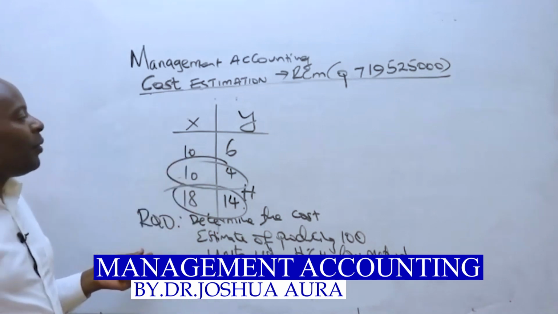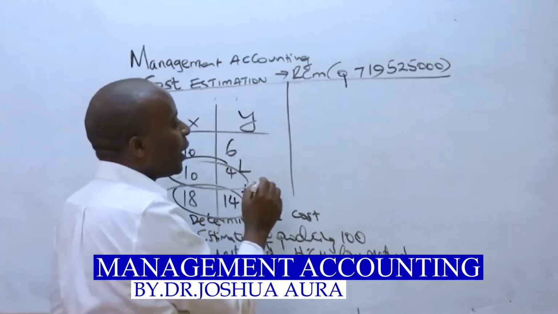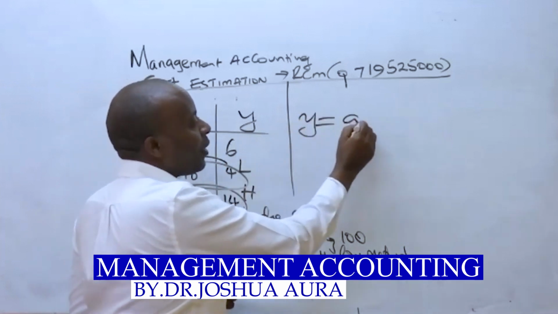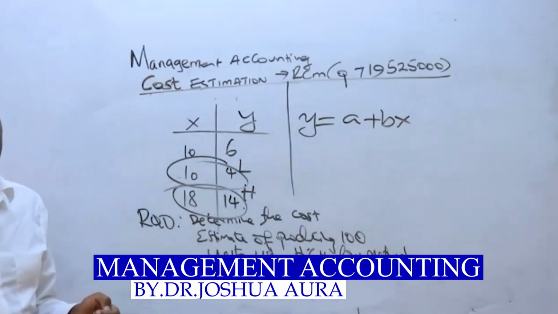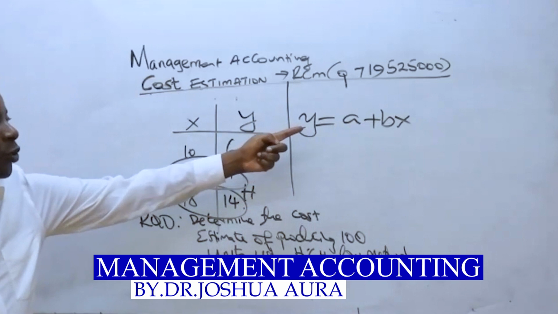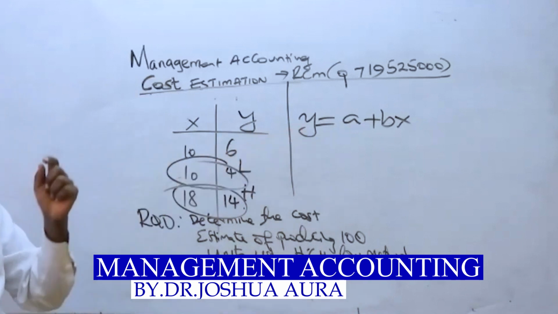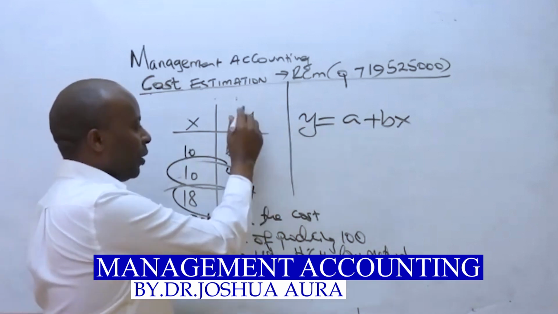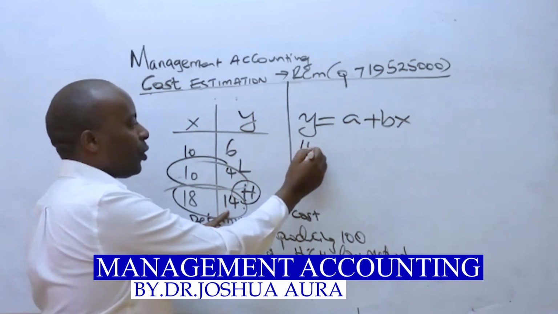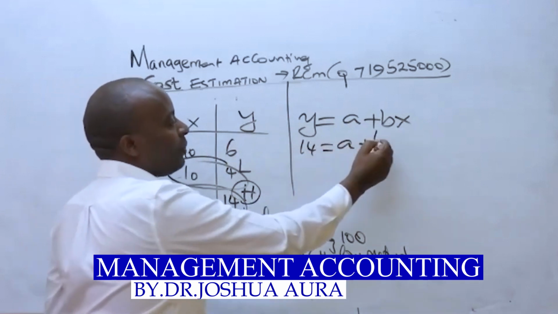Now, ladies and gentlemen, the moment I've been able to identify my highest and lowest point, the next thing will be for me to define my equations simultaneously. So remember that the general high-low equation looks like that. Come and develop the highest value first by plugging in. So you can see the y here for the highest is 14 equals a plus bx, so b times 18.